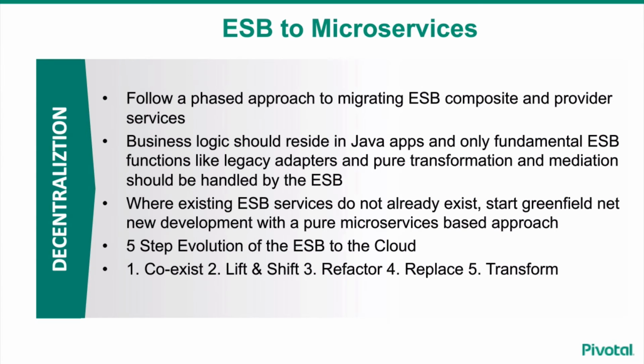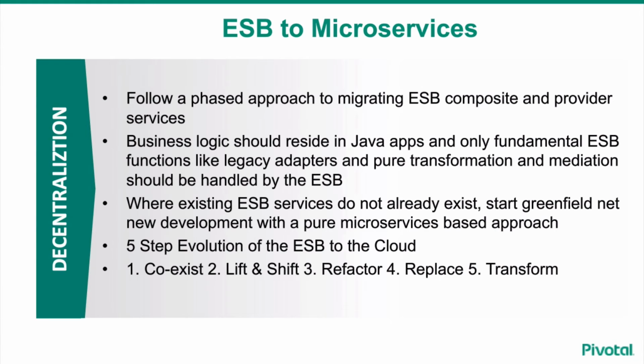The purpose of an ESB should only be to carry out the enterprise integration patterns that were laid down in the EAI book. Where new ESB services are to be written, start in greenfield and just develop them in Java, or .NET Core, whatever your language is, and start with API first with security in mind, all the 15 factors.